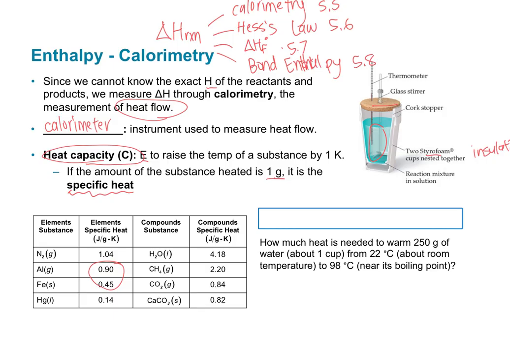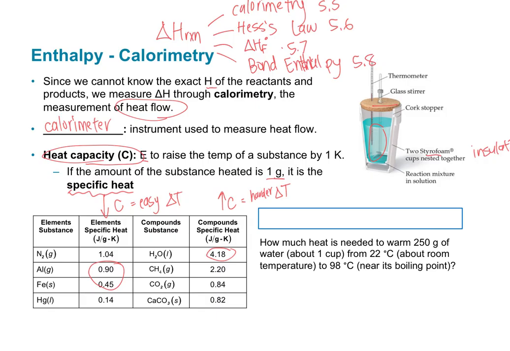And so when you have a low heat capacity, and the symbol is C, when you have a low specific heat, that means it's easy to change the temperature. When you have a high specific heat, or high C, that means it requires more energy, so it's harder to change the temperature. So water is an amazing liquid and substance in general because it has a very high specific heat, especially in the liquid form. It takes a lot of energy to change the temperature of the solution.